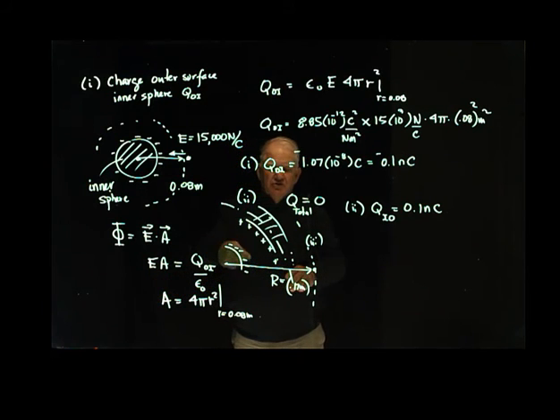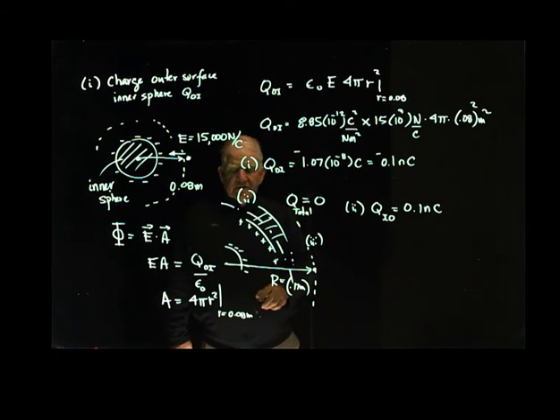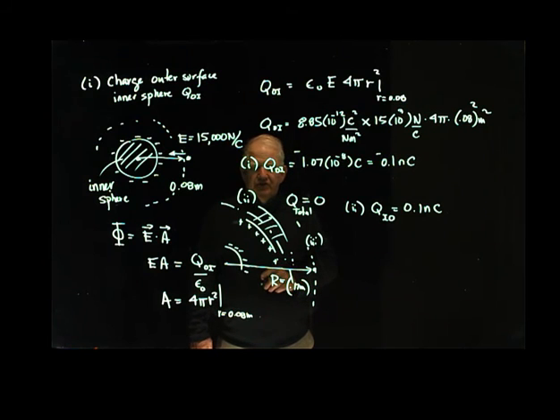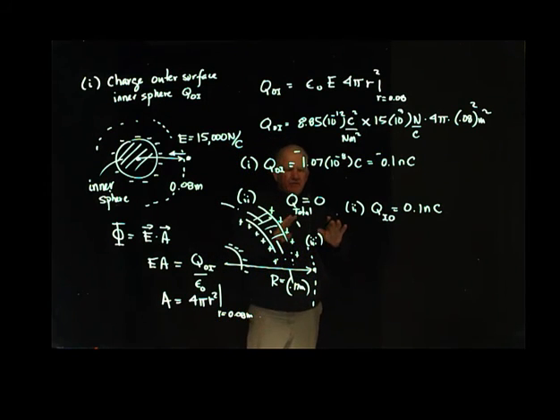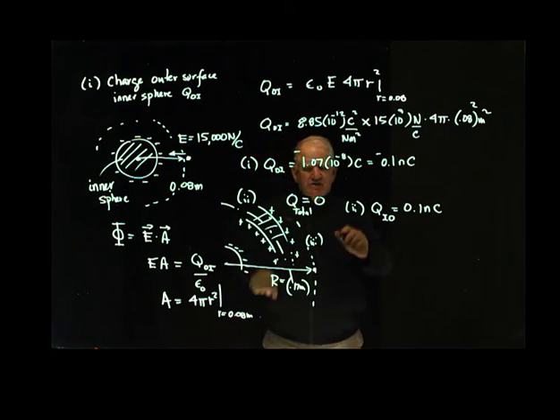We've already seen that there's charge on the exterior surface of the inner sphere, and charge on the inner surface of the outer sphere. Those two charges cancel, but there is charge on the outer surface as well, and that charge has got to obey Gauss's law.